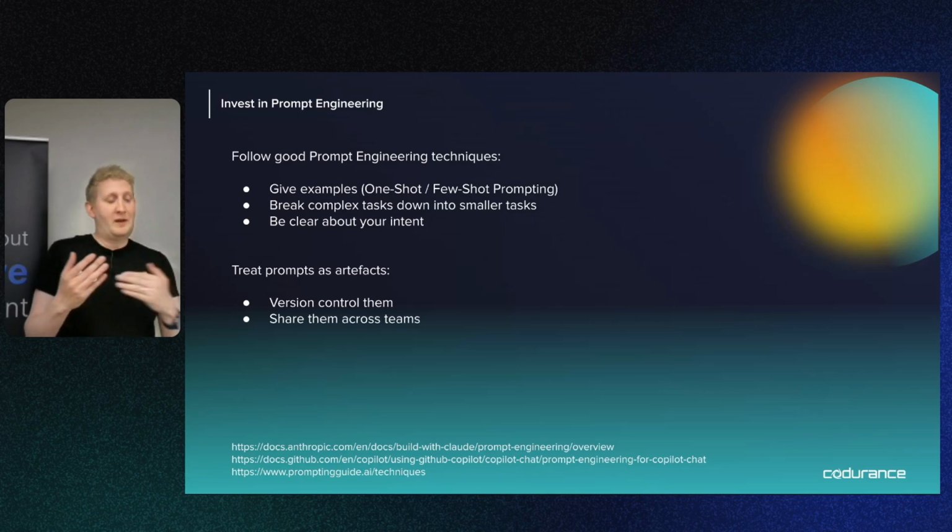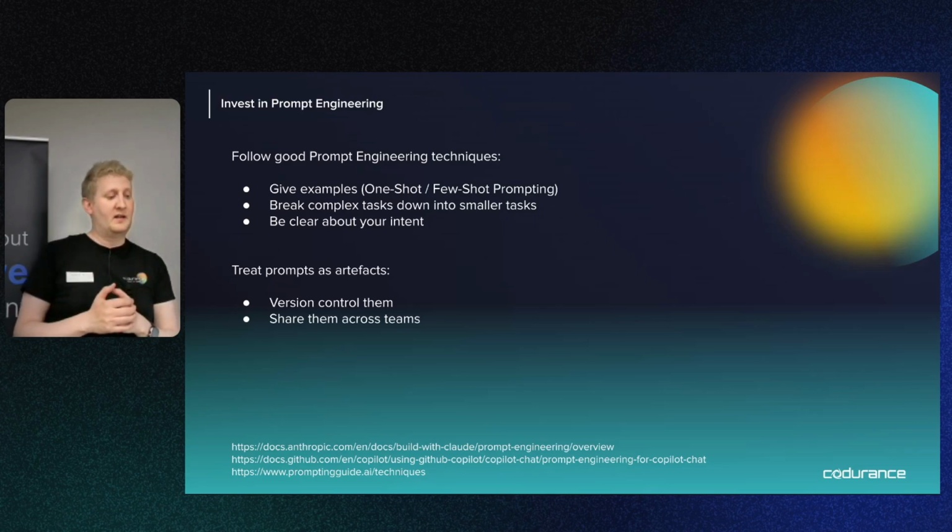So I like breaking down tasks into smaller tasks. It's very easy to give quite a vague, high-level prompt to your LLM. If you do that, yes, you'll get a plausible response back, but is that right for your code base?